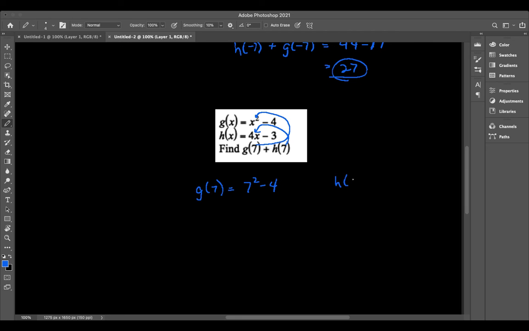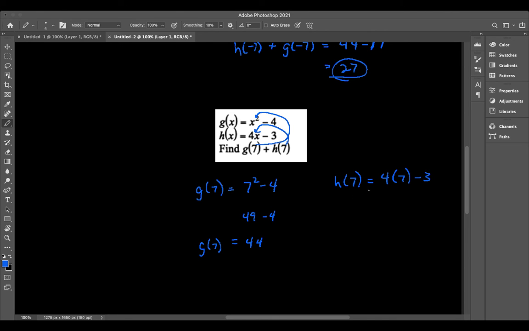And then h of 7 equals 4 times 7 minus 3. Sorry about that, that's almost like a plus. Minus 3. All right. So doing that, 49 minus 4 again, that gives us 44. Okay, g of 7 equals 44.